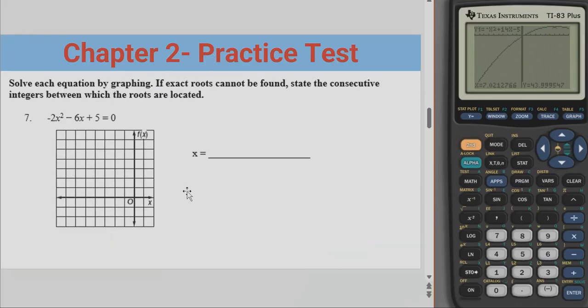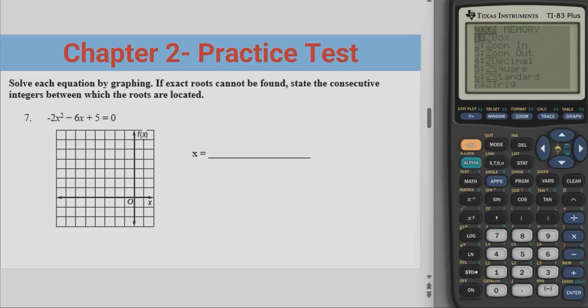Looking at number 7, given the equation but no graph. So I'm going to type that into my y equals the negative 2x squared minus 6x plus 5. And then I'm going to check and make sure I've typed it in correctly. My problem is going to be I've adjusted the zoom.